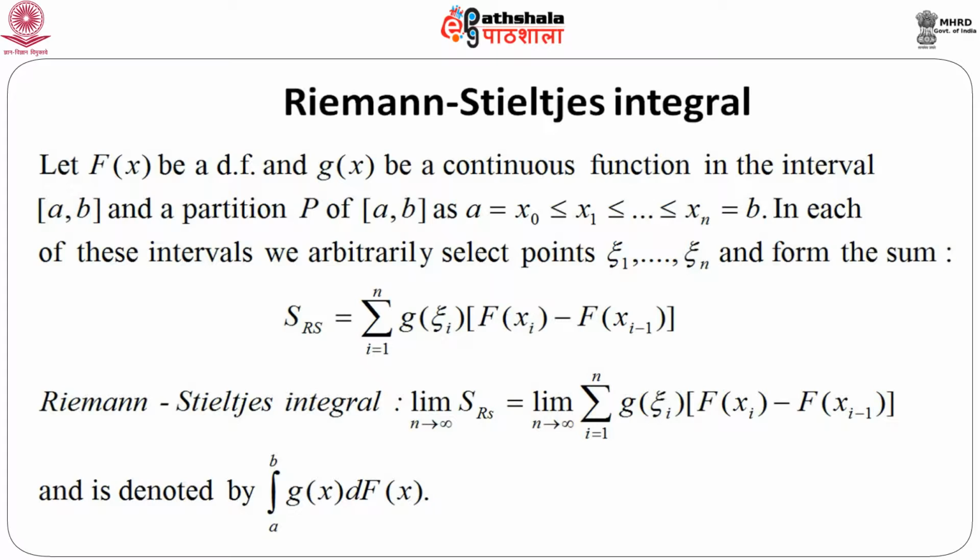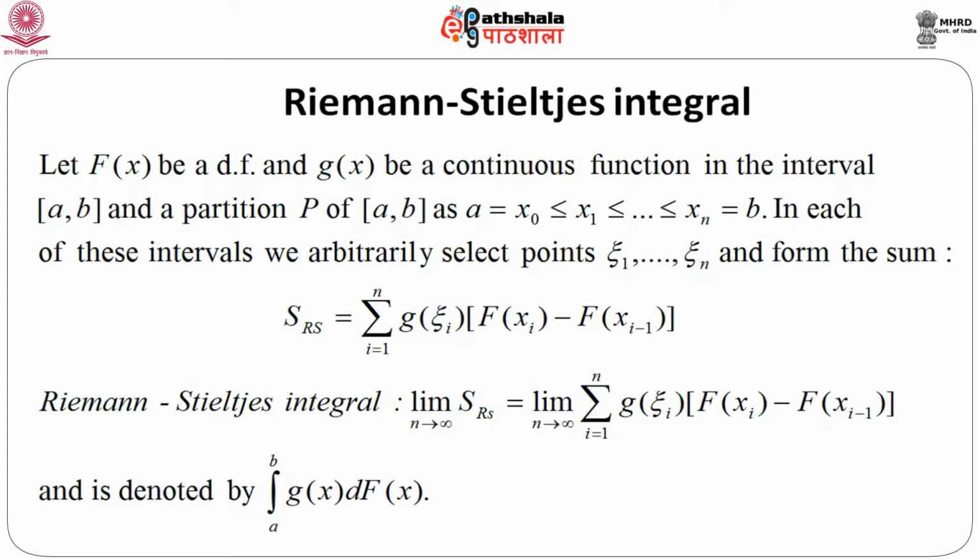Initially, it was just x i minus x i minus 1, which is the length of the ith subinterval. Now, we are using the notion of length in a different sense, but the notion of length is still there, measured with respect to this distribution function, and we take the sum from i equals 1 to n.